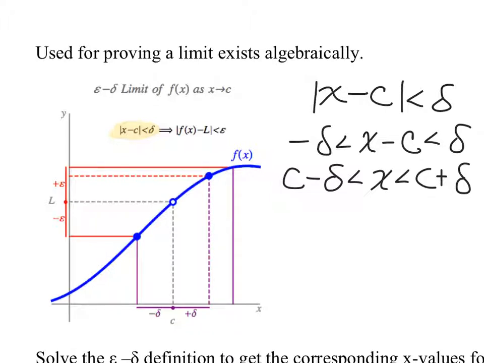So what this is telling us, and this corresponds to the diagram here, it's just this is the absolute value notation, which isn't always clear in terms of what it represents graphically.